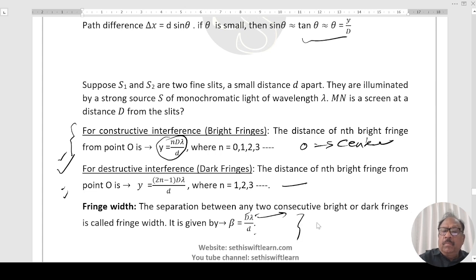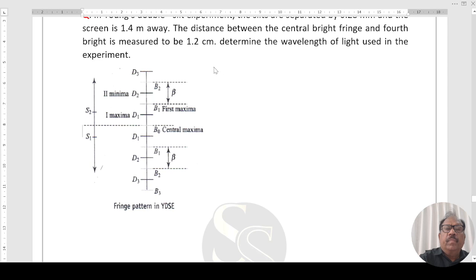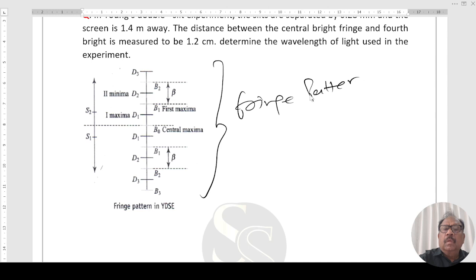Now further, to discuss the fringe pattern. This is the fringe pattern. Center is always the maxima. Then the bright point will be obtained.